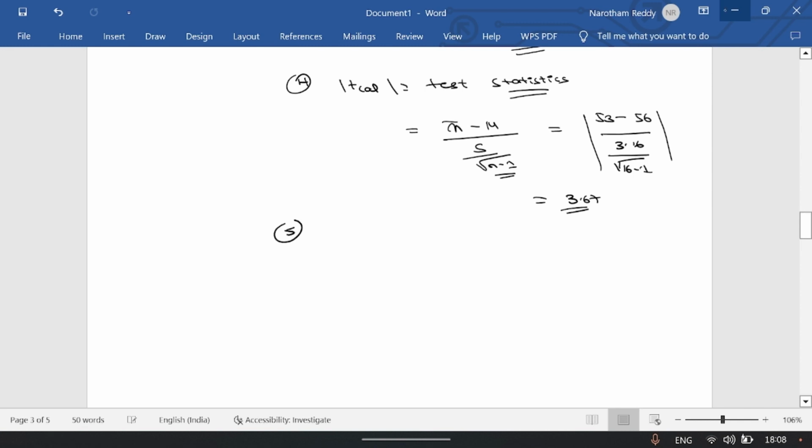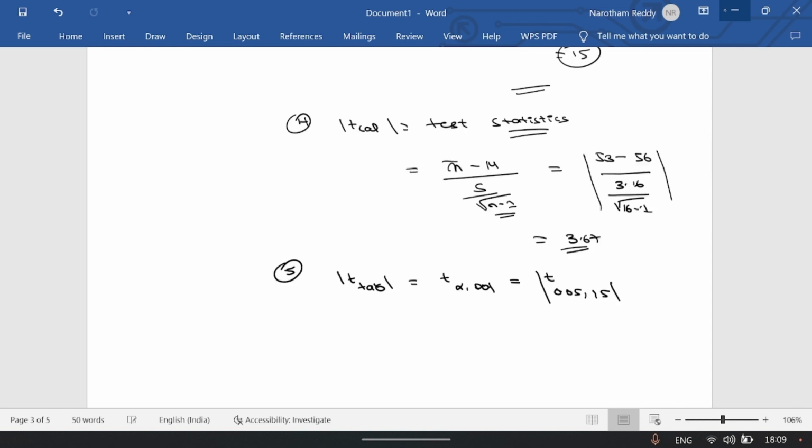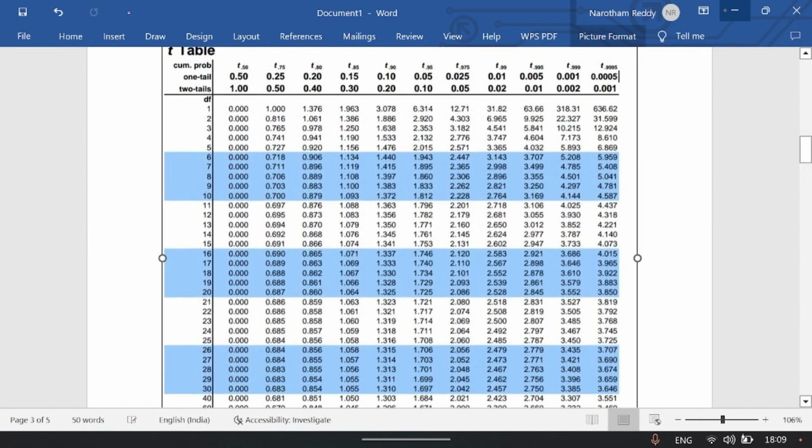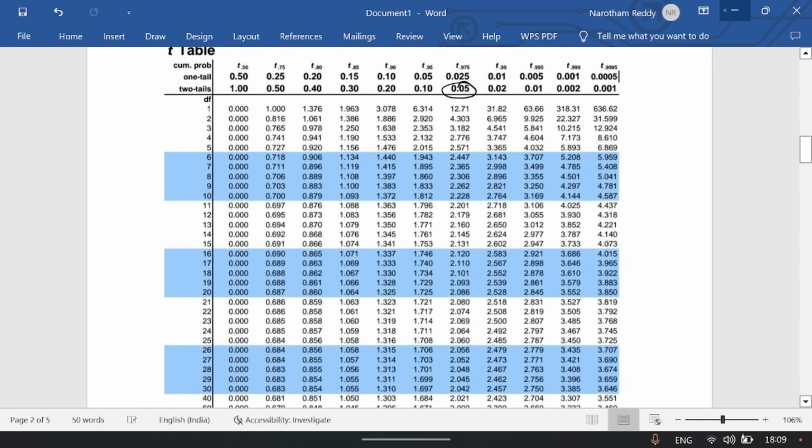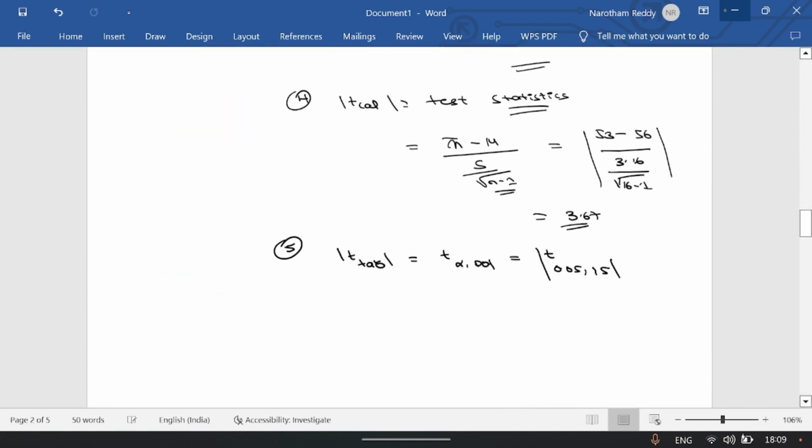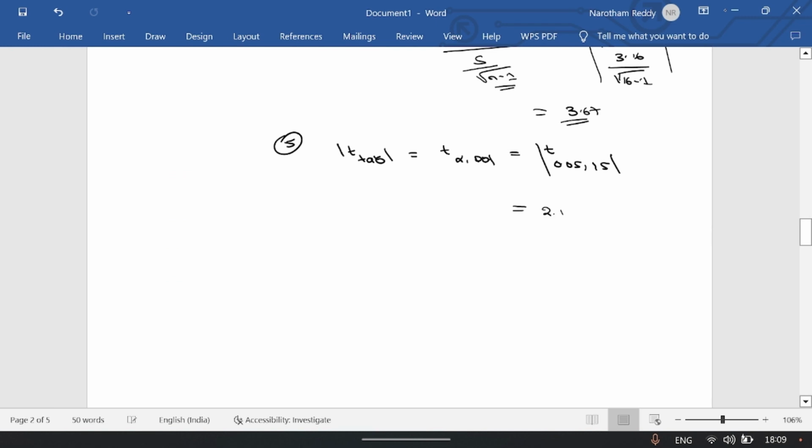Now conclusion, t tab value, which is alpha comma degree of freedom equals 0.05 comma 15. From the t table, it is a two-tailed test at 0.05 and 15, which gives 2.131. Here t calculated value is greater than t tab value, therefore H naught is rejected.